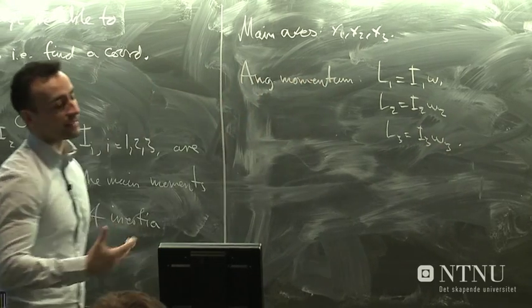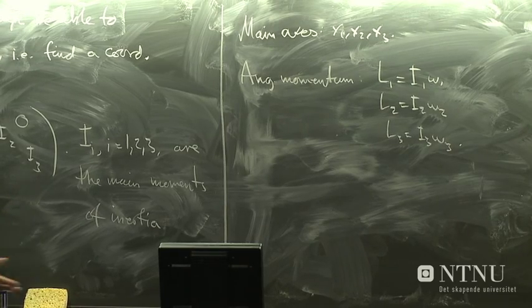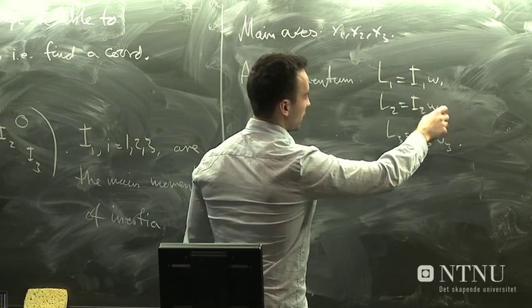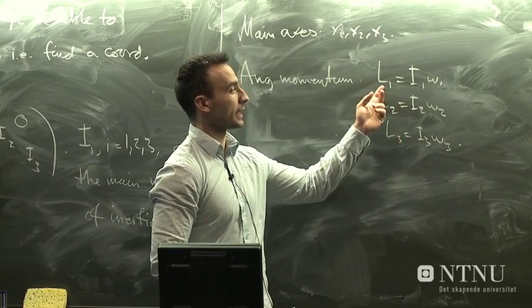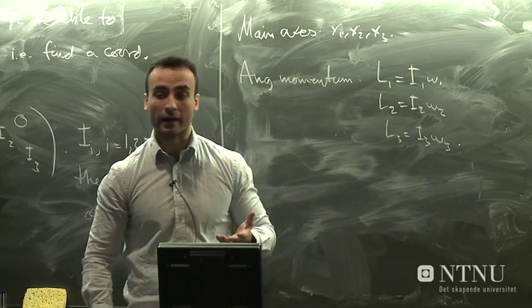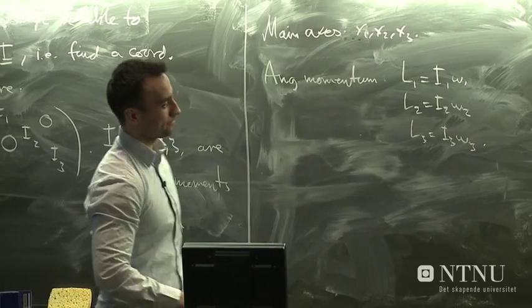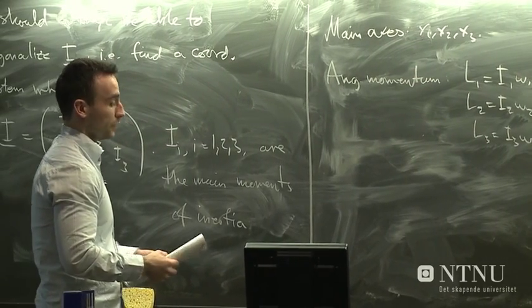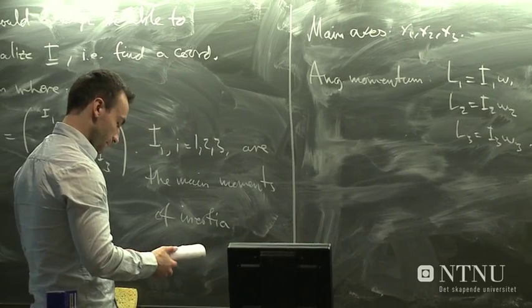Whereas in general, each component of the angular momentum will be a linear combination of all of these angular velocity components, since I is now diagonal, we have a direct proportionality between Li and omega i, where i is just a component along each of these main axes. So the angular momentum takes a very simple form in this special coordinate system.